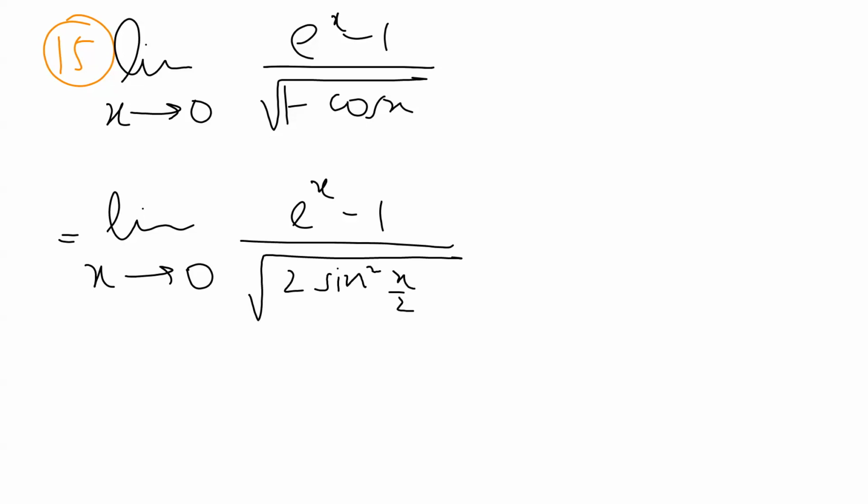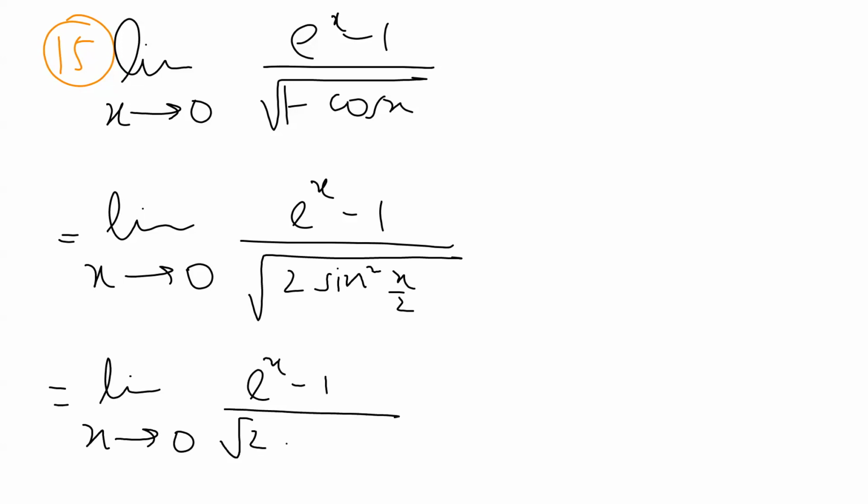Applied half angle. Square and root is gone for sine, so it will be only sine, but then 2 will have a root. And we can split the roots because it is multiplication between 2 and sine square x by 2.